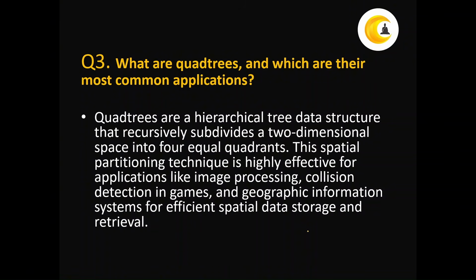This partitioning technique is highly effective for applications such as image processing, collision detection, and geographic information. So for these complex things like image, collision and geographic information, we use quad trees. A quad tree is also a tree data structure, but here it is divided into a graph like this with negative y and negative x axis.